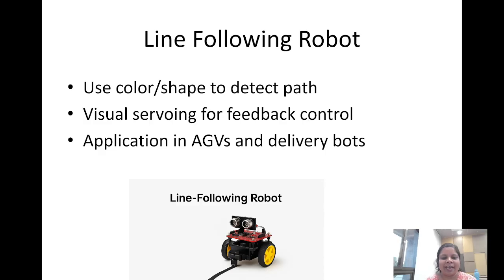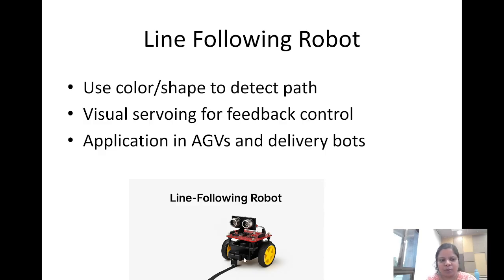Then there is the line following robot. I think everyone does it when they start robotics. This is one of the earliest robot projects that I have seen, and students always try this. Using a camera, here it appears to be an ultrasonic sensor, but I assume it to be a camera, the robot detects a black or white line on the floor.